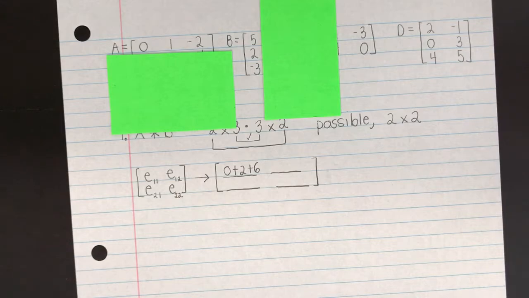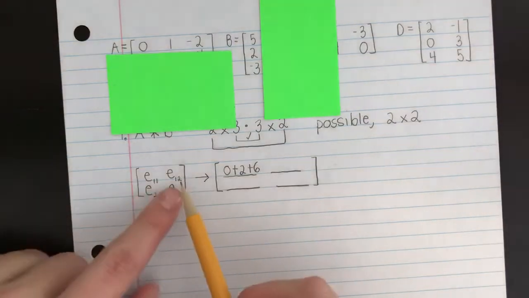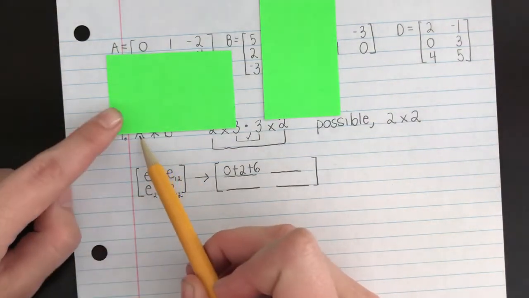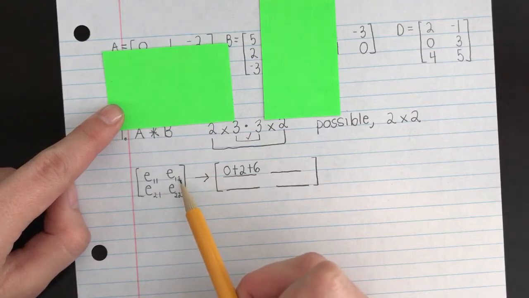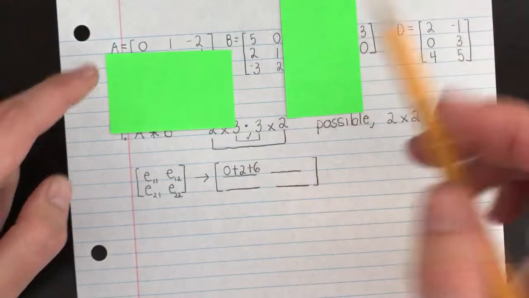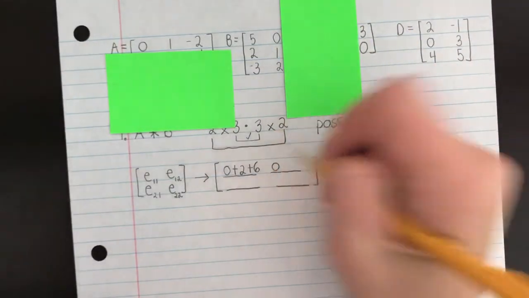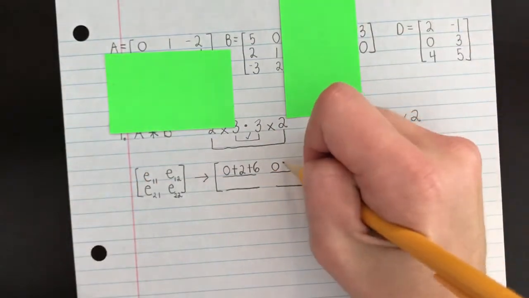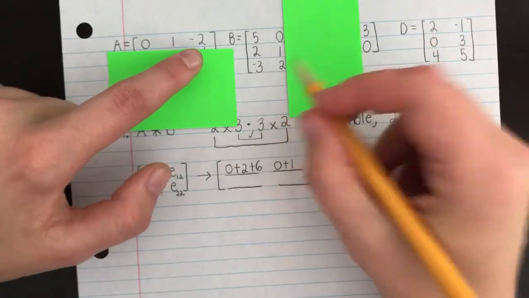Okay, and then I'm going to take row 1 of A times column 2 of B. Okay, so 0 times 0, which is 0, 1 times 1, which is 1, and then negative 2 times 2, which is negative 4.